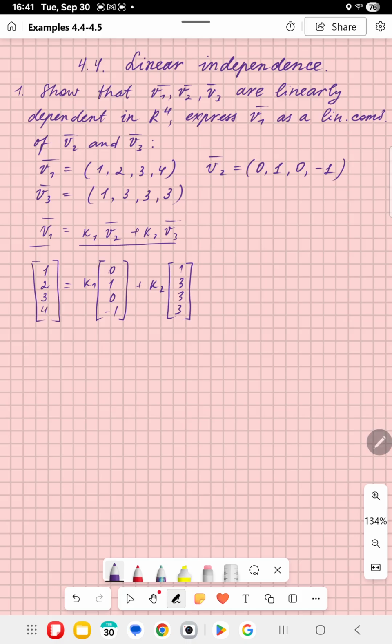So basically, guys, we are searching for k1 and k2. We're guessing that they're linearly dependent, which means that we do have a solution for how to express one of the vectors through the others. Well, I don't want to really solve this problem, but for the first component, I have 0 here and 1 here.